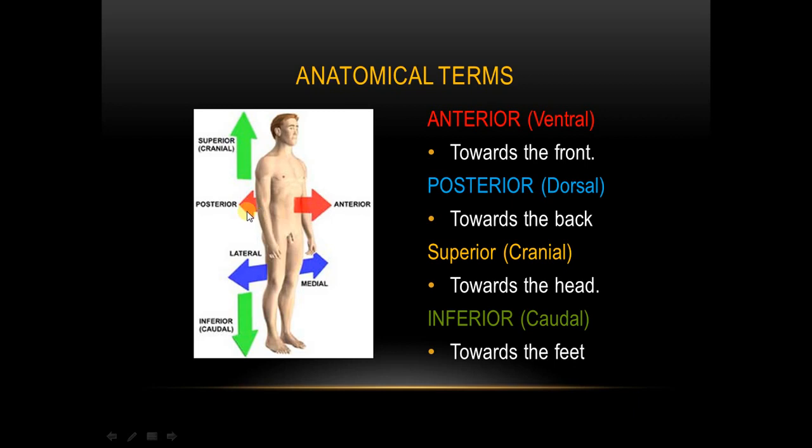Usually ventral and dorsal are used in quadrupeds, but for the sake of convenience, these terms are interchangeable. Anterior or ventral, posterior or dorsal is towards the back. Then what you have is the superior. Superior, or it is also called cranial, when a structure is nearer to the head.